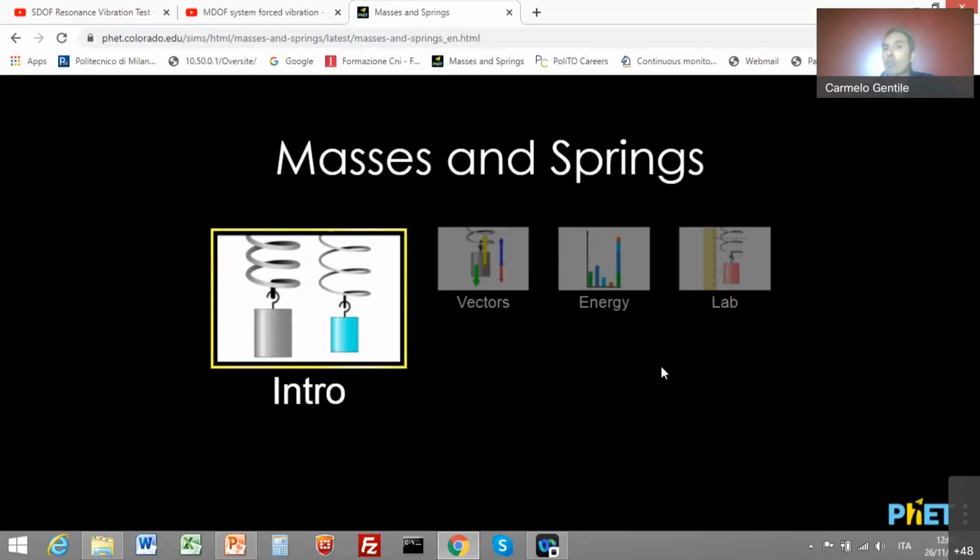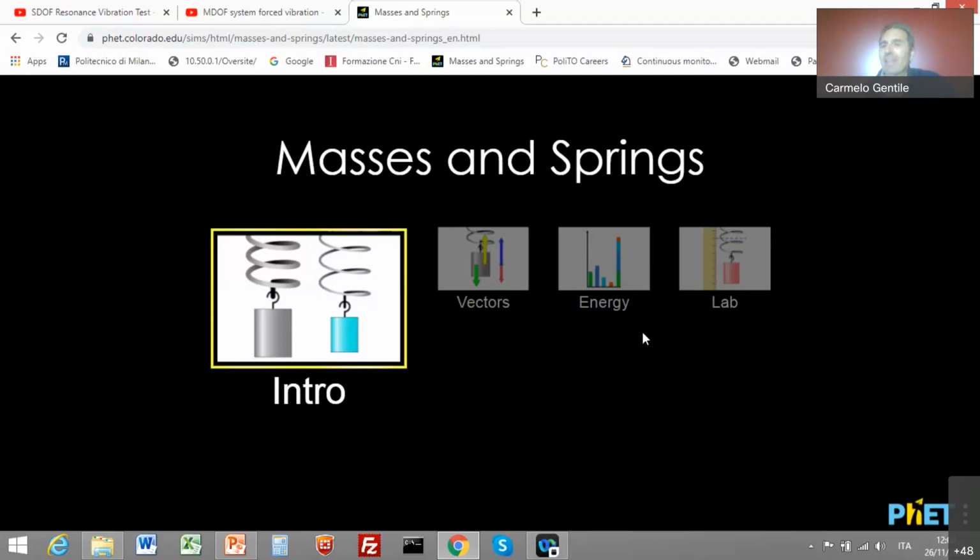Why? Because the mass and the stiffness of the building are related to something I have called resonant frequency.